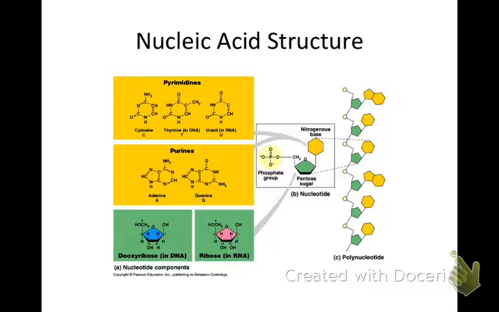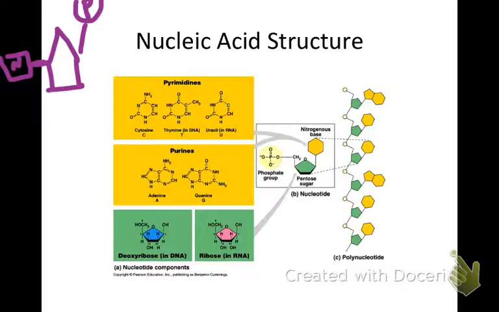I like to say that the 5-carbon sugar, let's just draw this, looks like a house. And attached to this house, on one side, is a phosphate group. And then over to the side over here, you have a nitrogen base, an amine group.